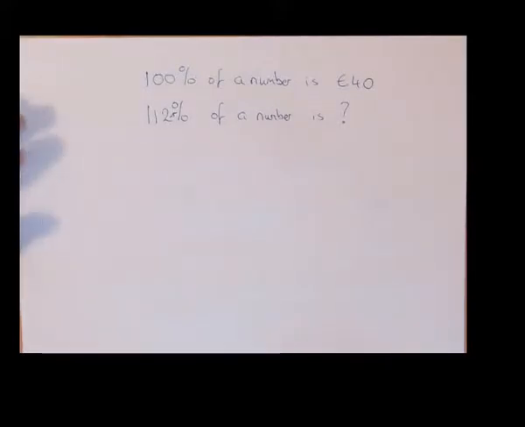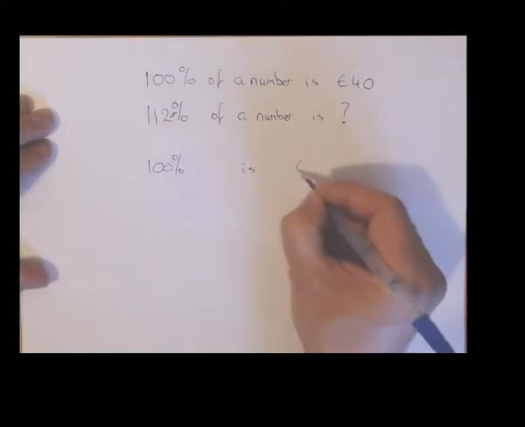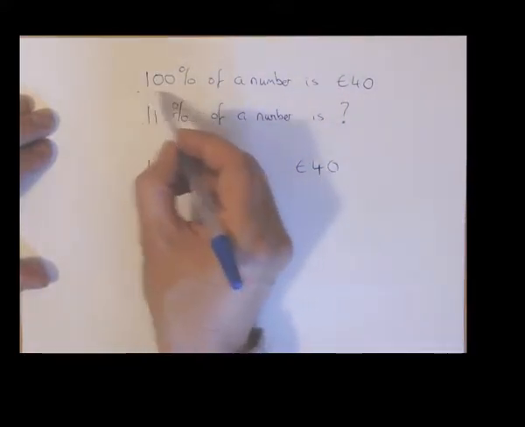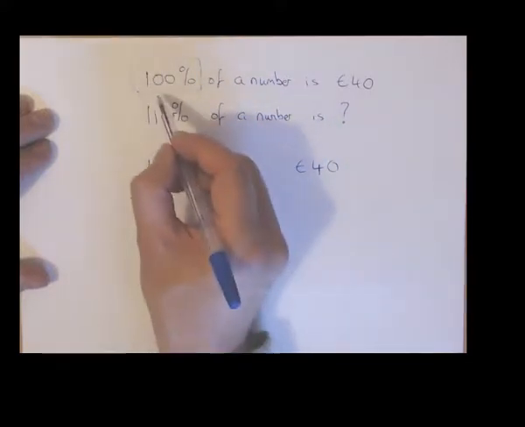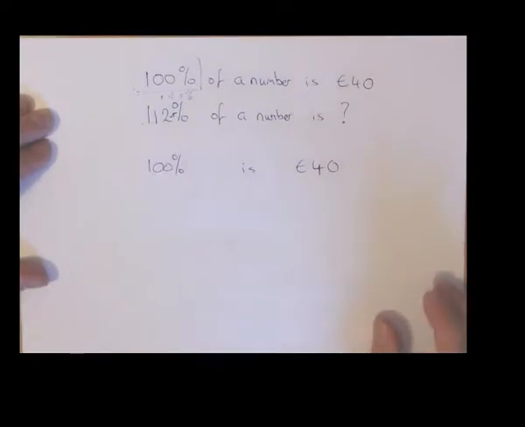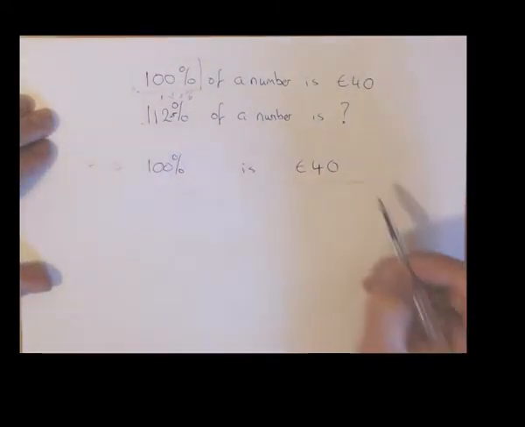So what you do is the unitary method. You have 100% is €40. 112.5%, of course, is the 100%, the original number, plus 12.5%. So let's look again. 100% is €40.